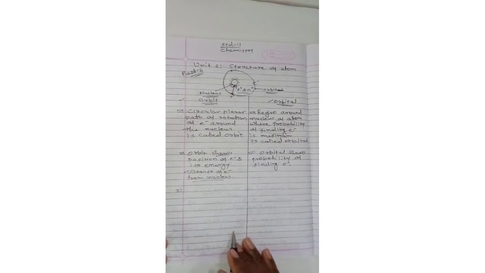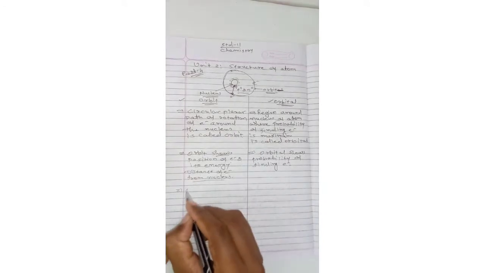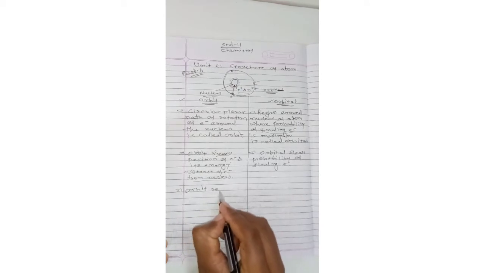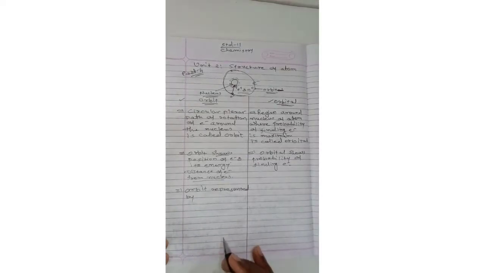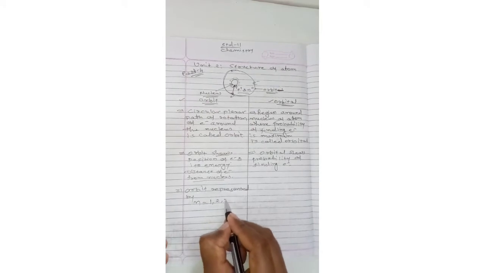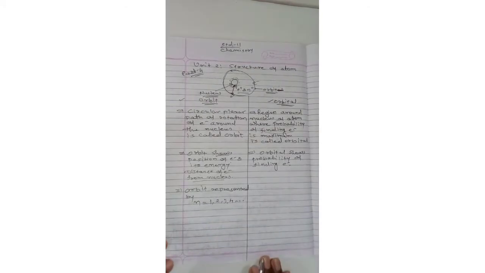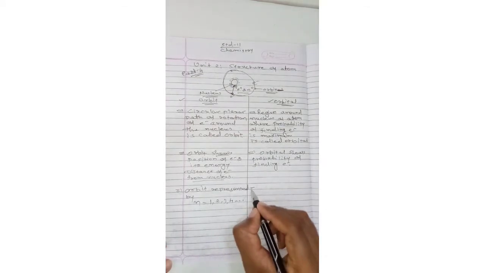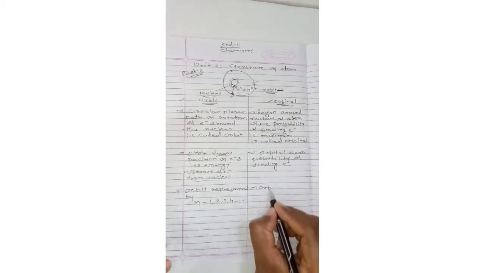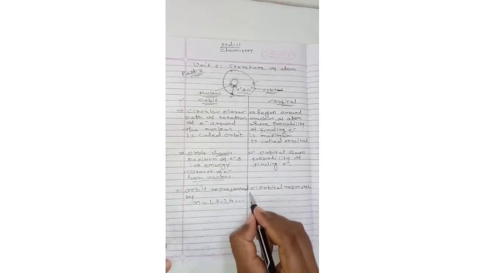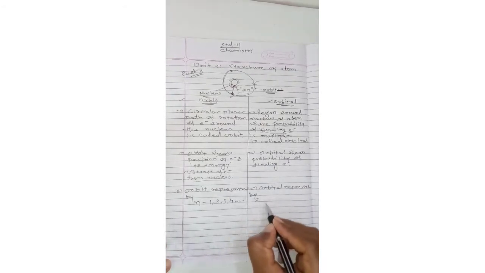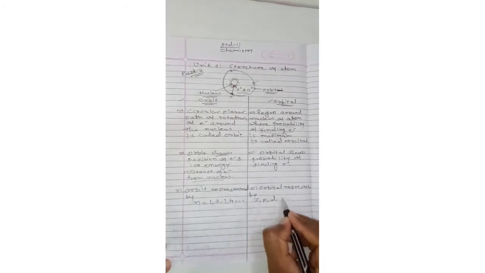Third point, an orbit is represented by n, that is equal to 1, 2, 3, 4, etc. Here an orbital is represented by small s, p, d, f, etc.